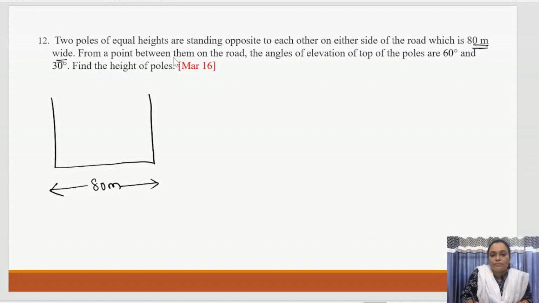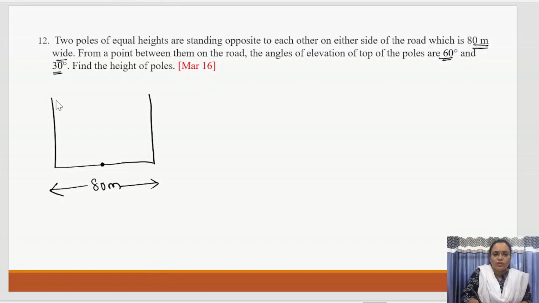From a point between them on the road, the angles of elevation of the tops of the poles are 60 and 30. So from here, the angle of elevation to the top of one pole is 30, and to the top of the other pole is 60.